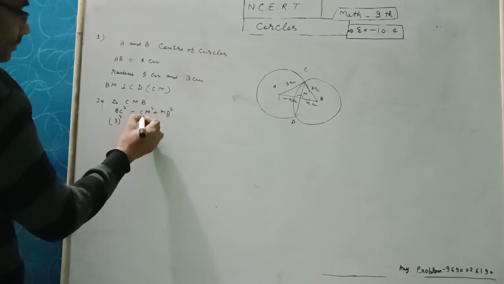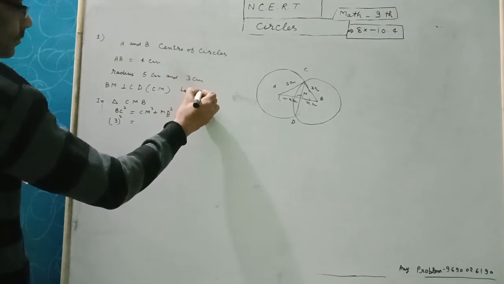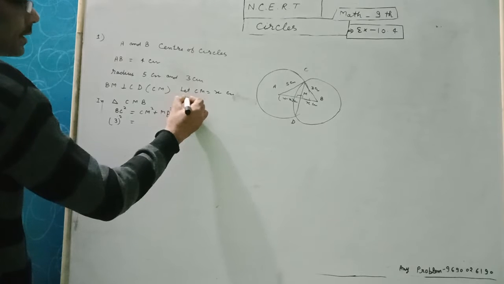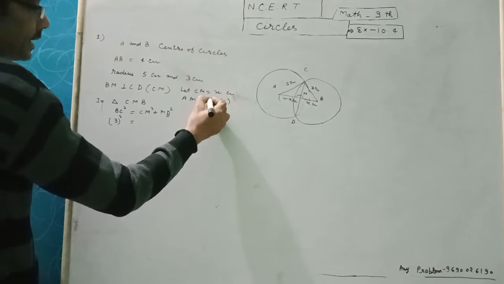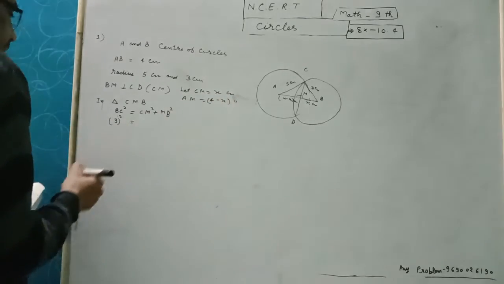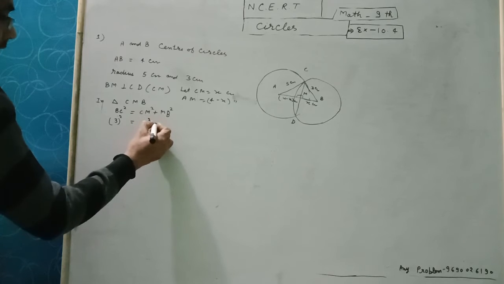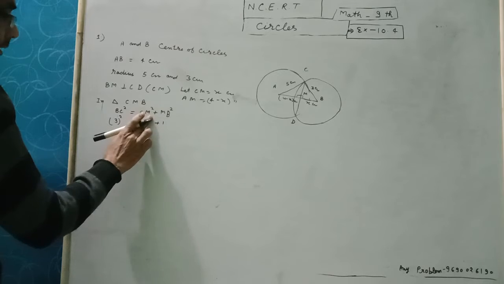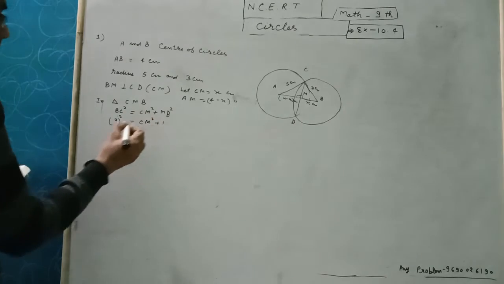Let MB be equal to x cm, so AM is equal to 4 minus x cm.